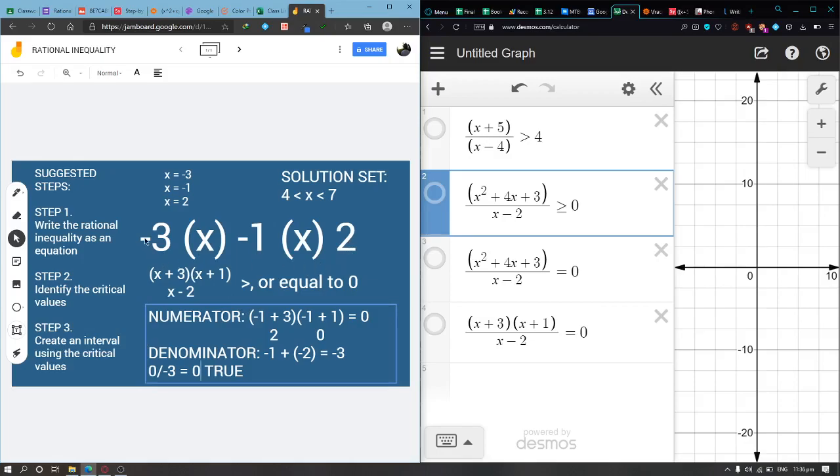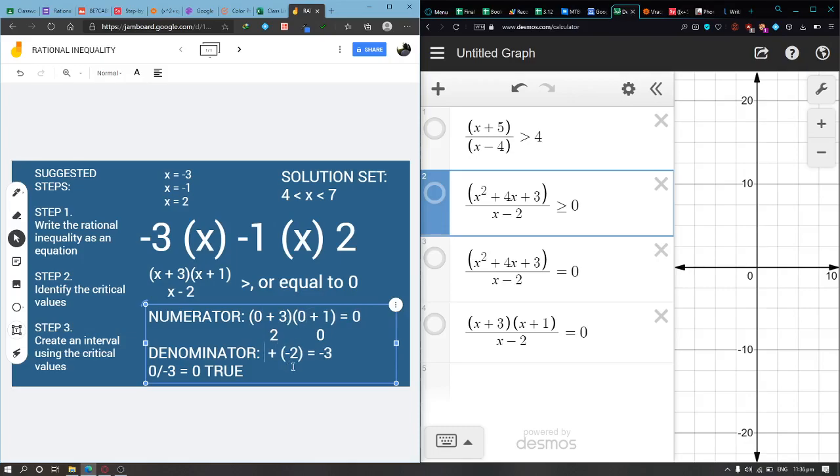Ngayon, nakuha na natin from negative 3 hanggang negative 1 pwede. Ngayon, ang di natin alam, from negative 1 hanggang 2. So, any number na greater than negative 1, which is, try natin, 0.